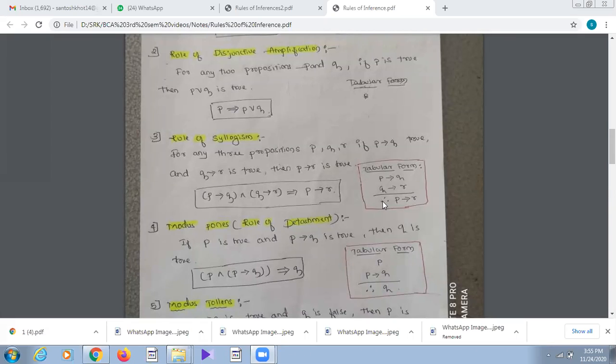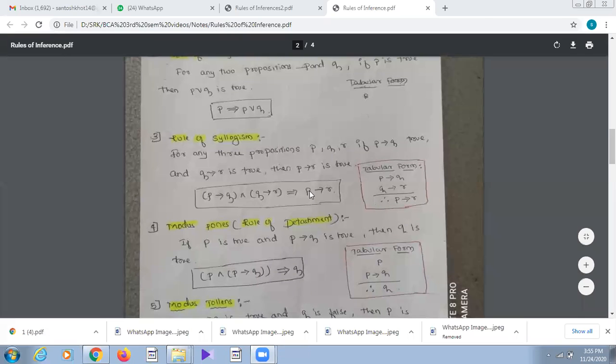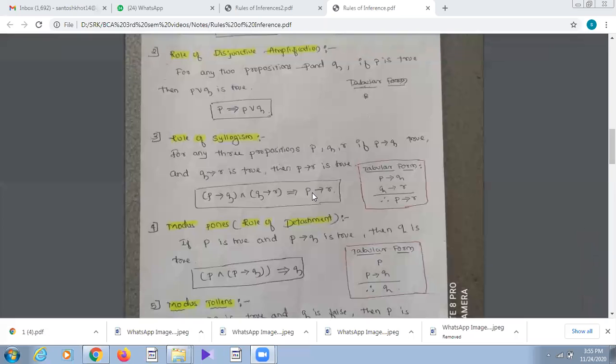To check the validity of an argument, we use the 7 rules.